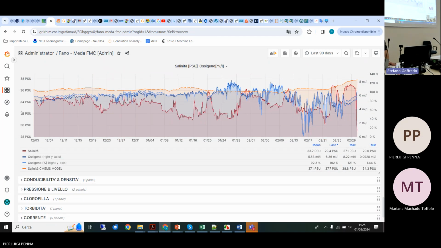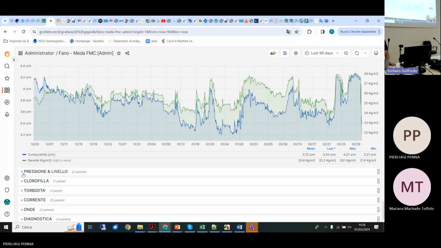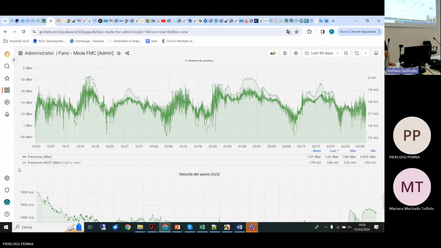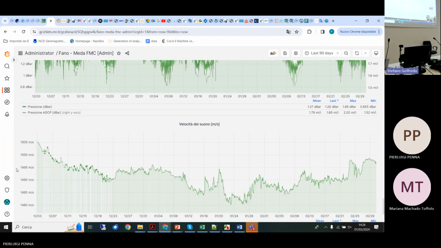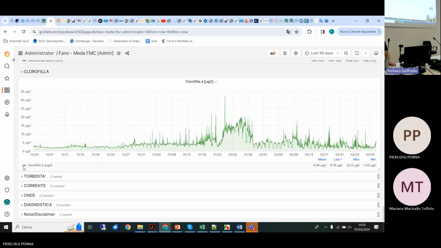There is also the calculation of saturation, conductivity and density, pressure also. And the instruments are located at about 2 meters from the sea surface. It's under the buoy. Okay, sound velocity, chlorophyll A concentration.